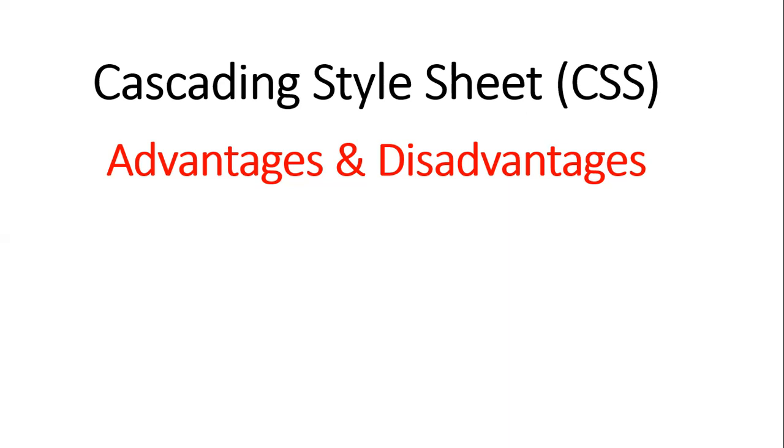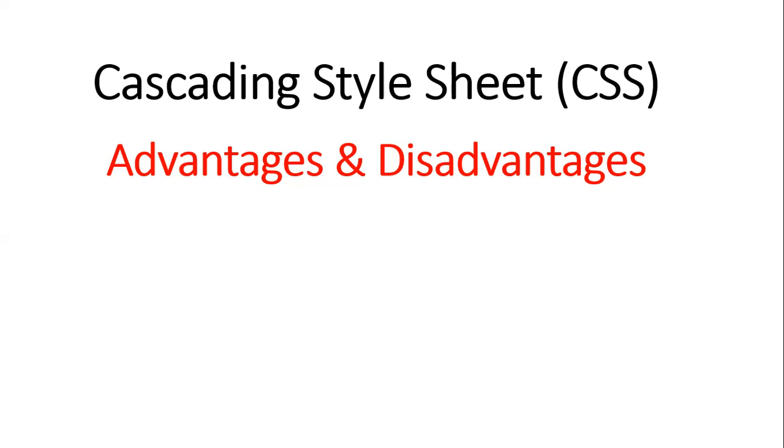Now, lack of variables. As I already told you in class and in today's session also, CSS is not a language, so we can't make any variable or storage location in CSS. It is another lack of it.